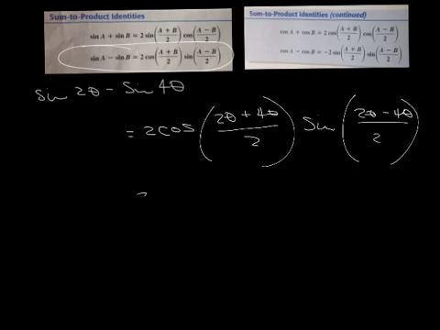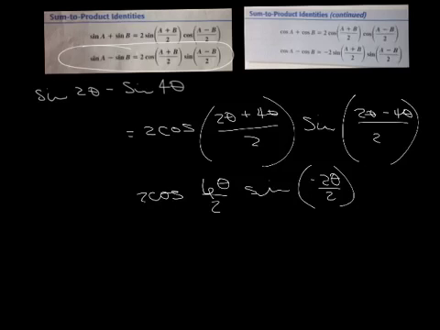Alright, so that gives me 2 cosine 2 theta plus 4 theta is 6 theta over 2, which is going to be 3 theta eventually. Sine of 2 theta minus 4 theta is negative 2 theta over 2. Okay, so this will cancel, and that will change to a 3. So we have 2 cosine 3 theta sine negative theta.